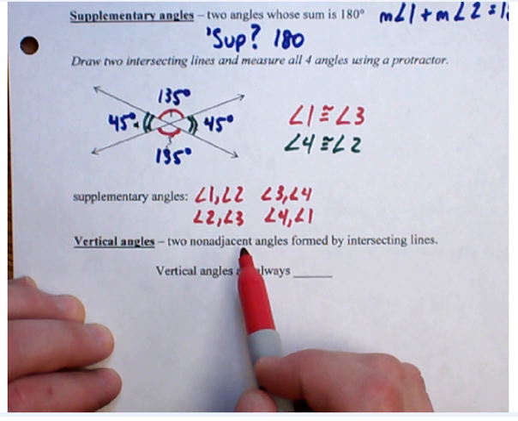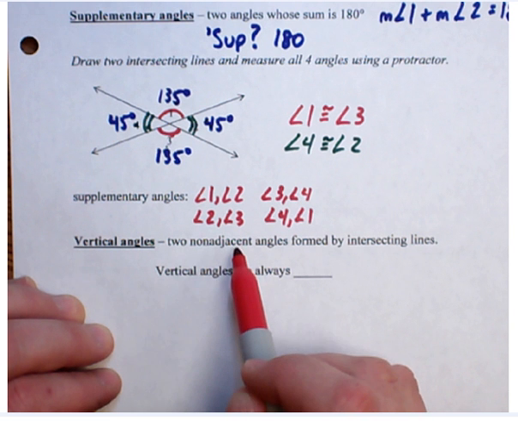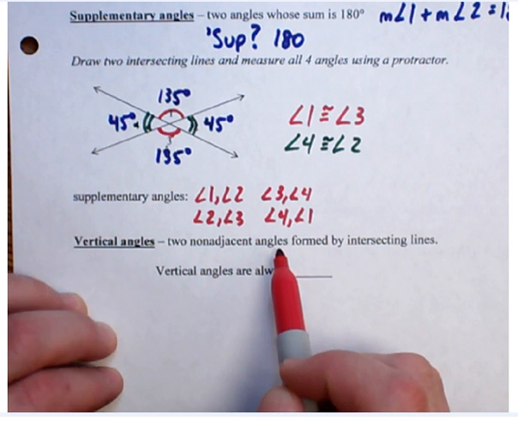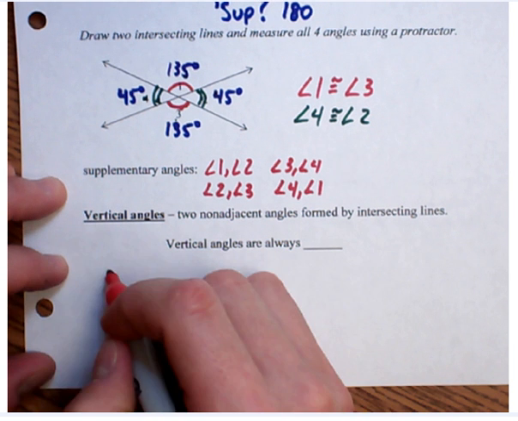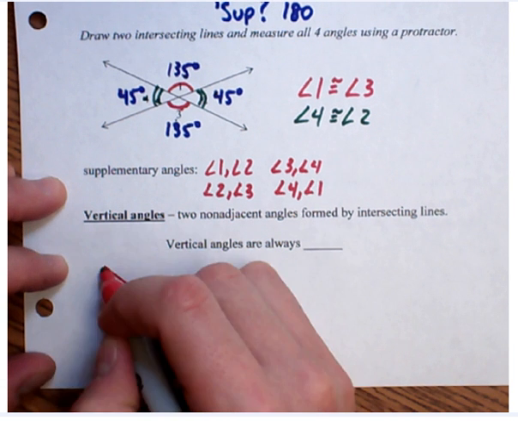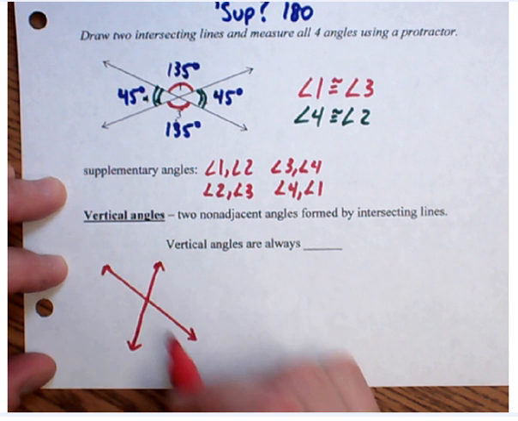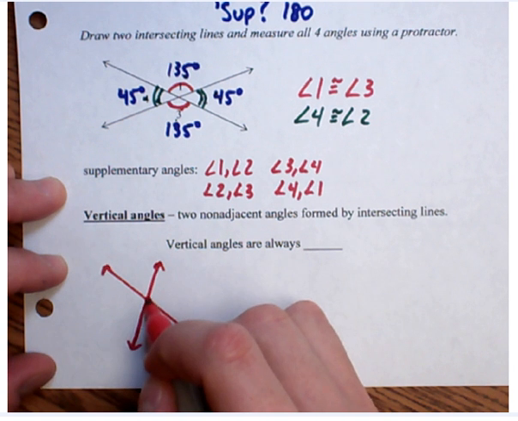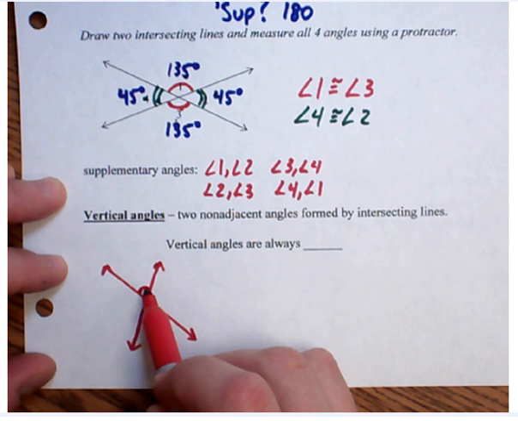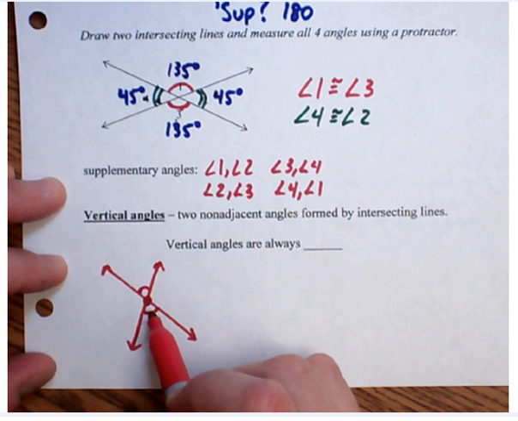Now, the definition is two non-adjacent angles formed by intersecting lines. What that means is this: when two lines cross, non-adjacent means that, yes, they have the same vertex, but they're not next to each other. It's almost like they're opposite each other. So those two are congruent.